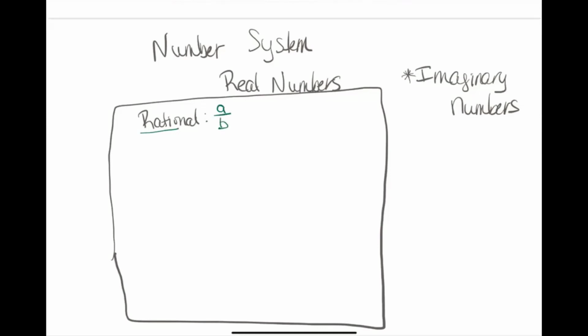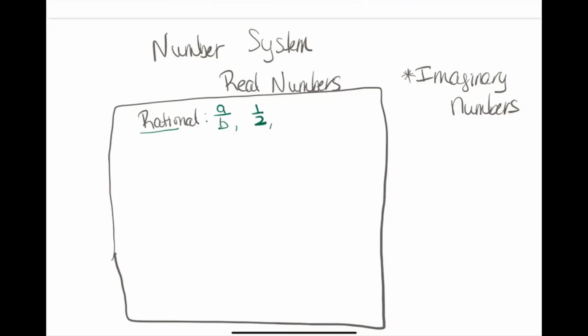So any number that you can write as a number over a number is considered a rational number. Anybody got any examples of a rational number? Just say it out loud. 1 over 2. Yep. So 1 over 2 is a rational number.